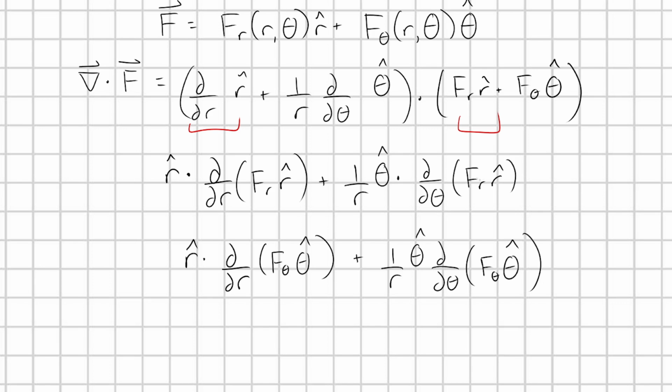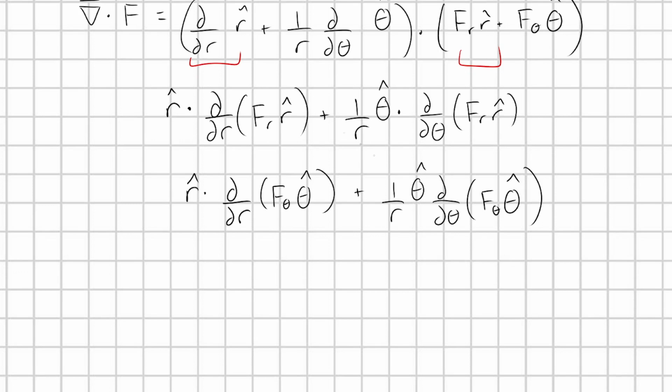And you can see now that we're going to have to use the multivariable product rule, right? We're just going to have to product rule each one of these guys out.